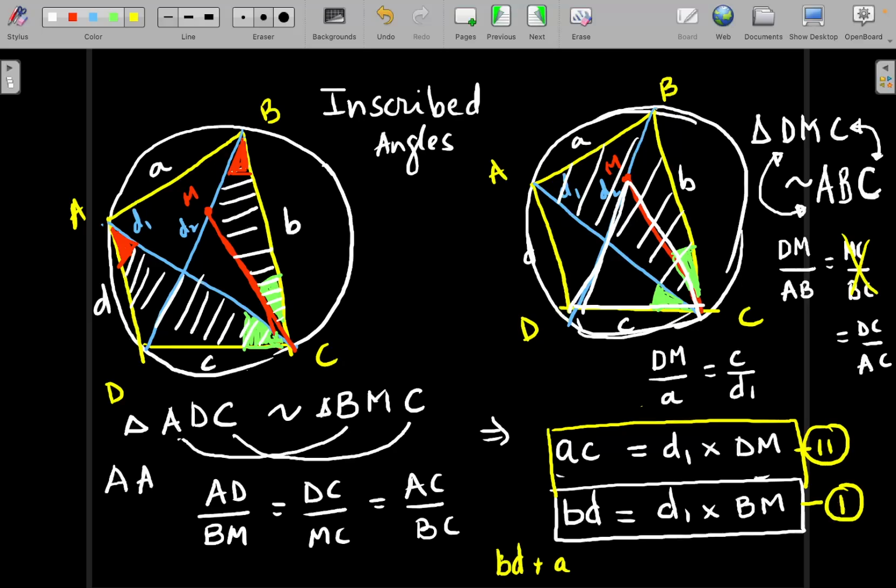BD plus AC equal to d1 into DM plus BM, and please look at the figure. DM plus BM is actually equal to d1 into d2. That's the end of the proof.